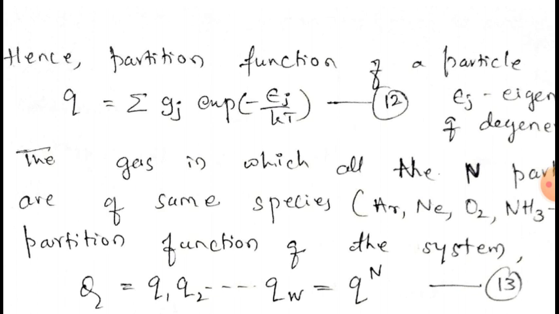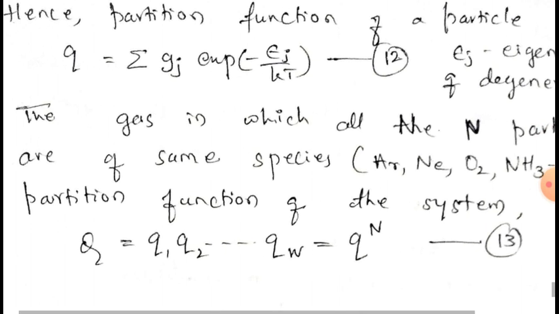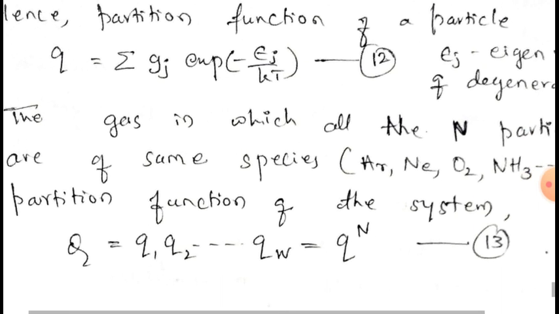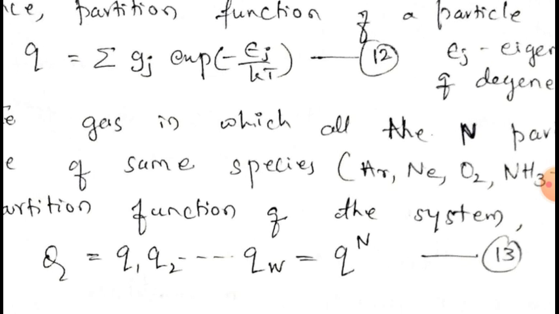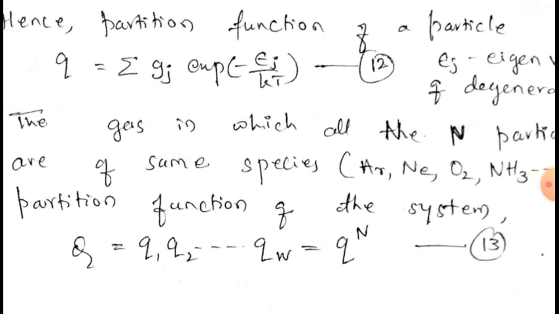That is Gj, we took that there are different energy levels with different degeneracies. Therefore, that j has been included in this expression 10. So this is when degeneracy is associated with the different energy levels.